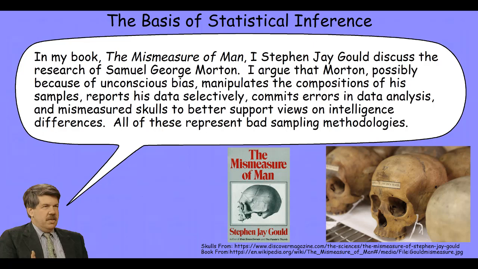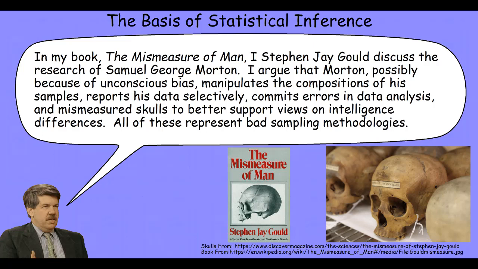And Morton decides what he'll do, since he's a craniologist, is measure the cranial capacity of the skulls of different groups of people. And so he chooses the skulls of white Caucasian males, right, relatively large individuals. And for the other races, he chooses smaller individuals.